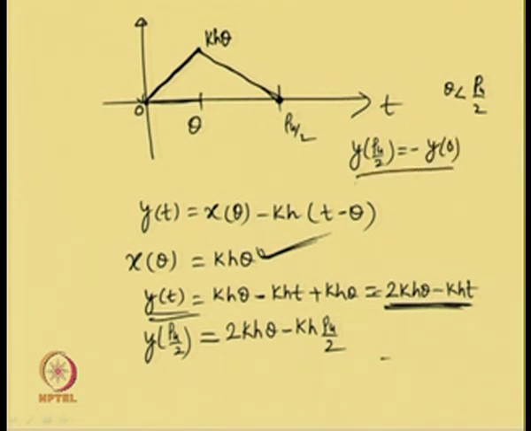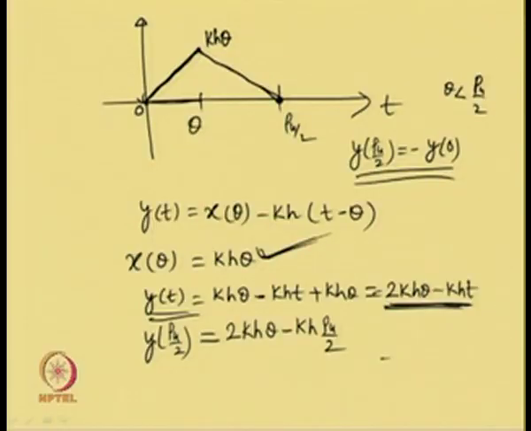As you have seen, due to half wave symmetry of the output signal we get from relay testing, this is a property of half wave symmetry: at the half time period Pu by 2, the output must be the negative of the output you have at time t equal to 0.